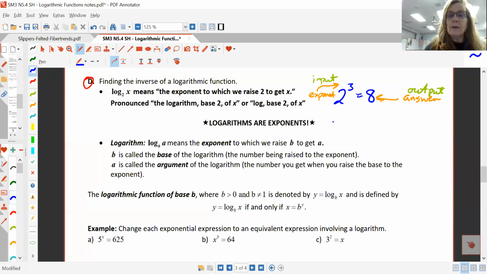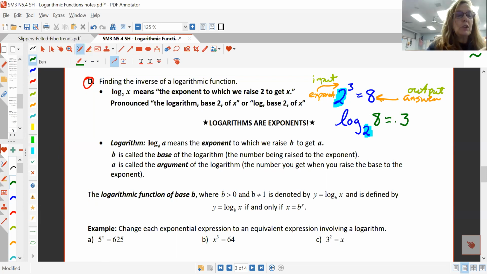So for a logarithm, the base is your operator. So I'm doing a logarithm, it's log base 2. Note that the base is still the same. Here's base 2, here's base 2. What am I changing? Essentially what my input and what my output is. So now my input is 8 and my output is 3.